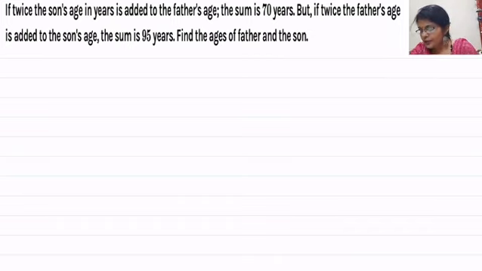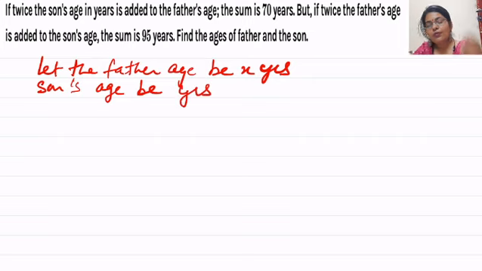What we have to do is simply assume, same thing, let the father's age be x years and son's age be y years.